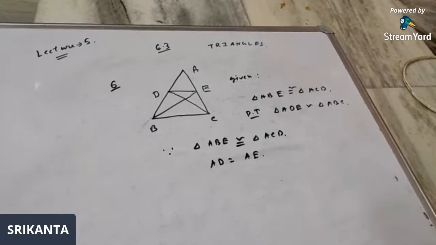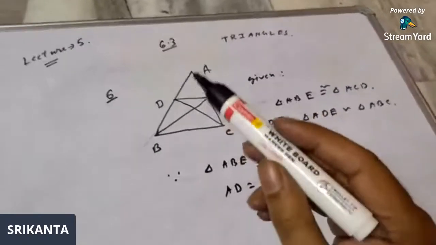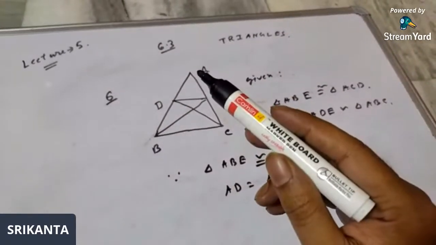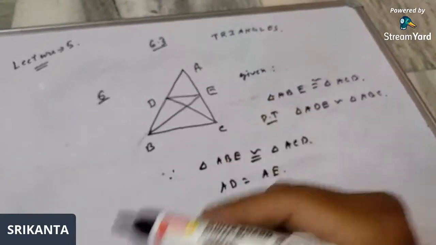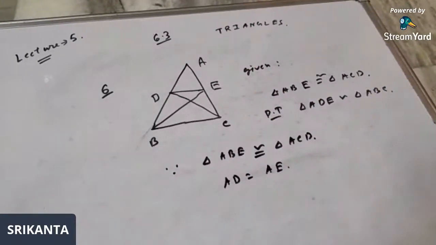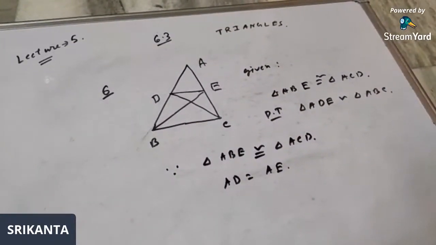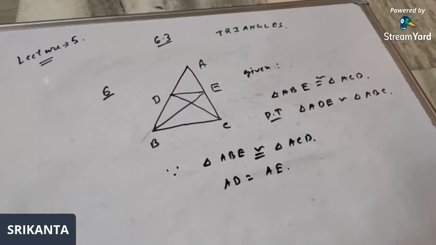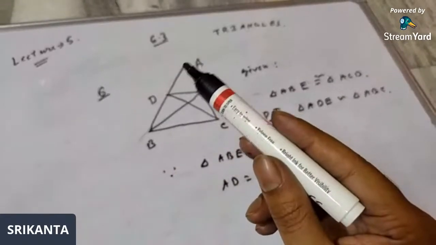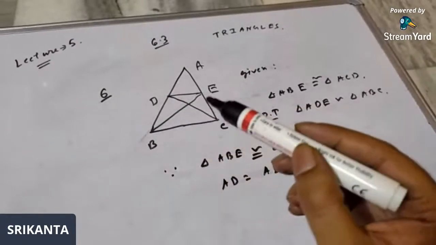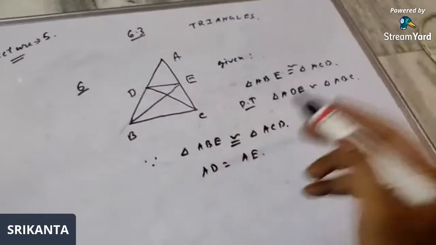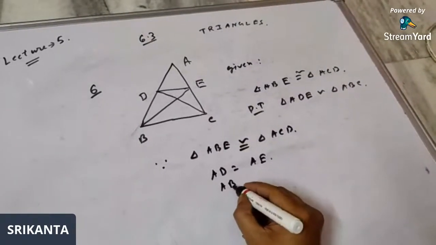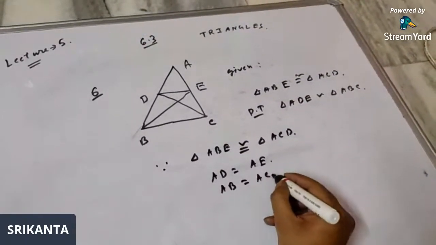This triangle and that triangle. Again, since ABE is congruent to ACD, we can say AB is equal to AC.